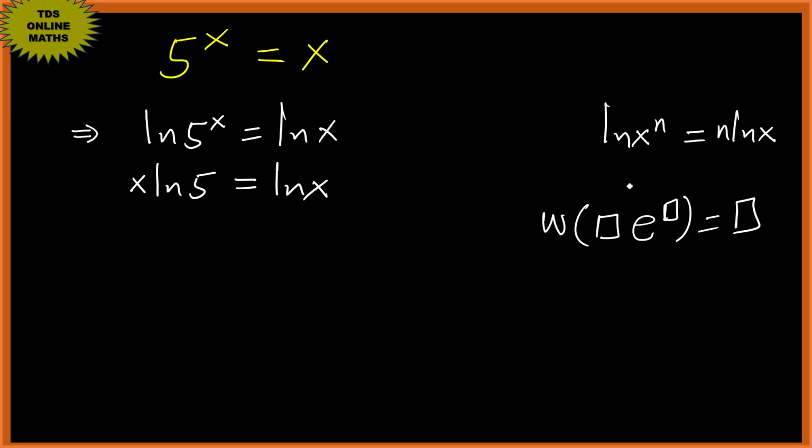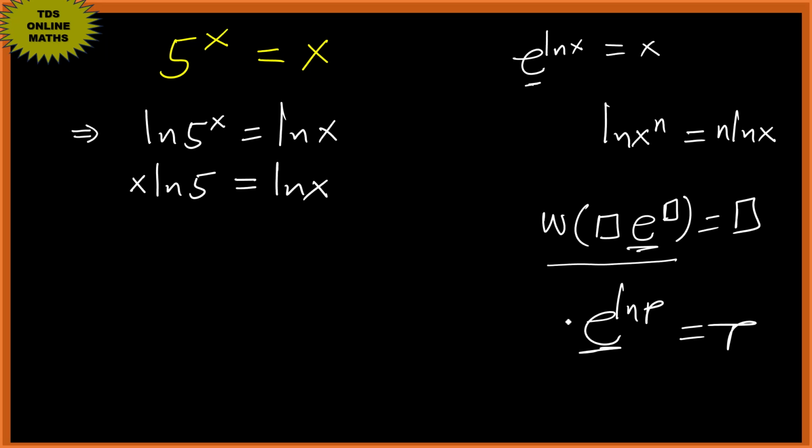Before we can introduce the e here, let's understand that anytime e is raised to the natural log of, let's say, x, the answer becomes x. So e raised to the power ln of p is equal to p. And before we can apply the Lambert W function, we need to introduce the e here.